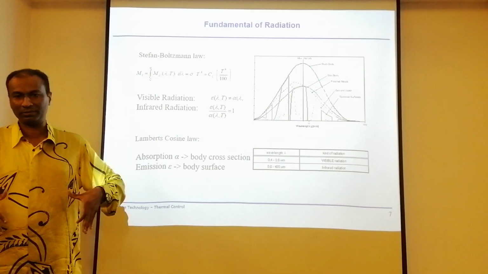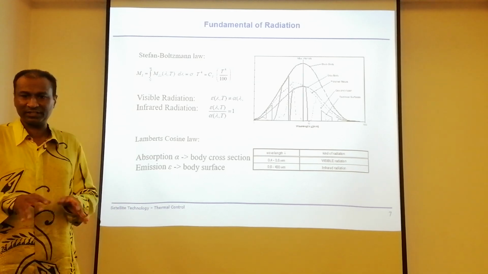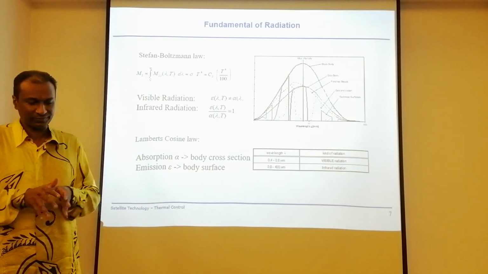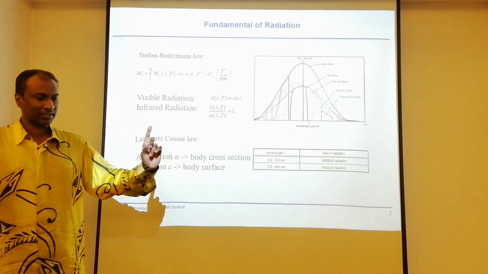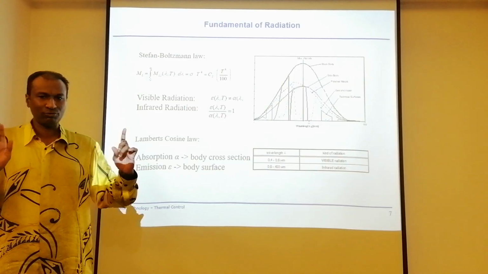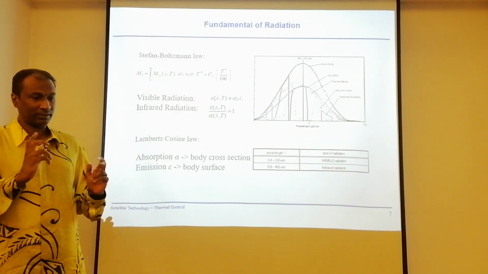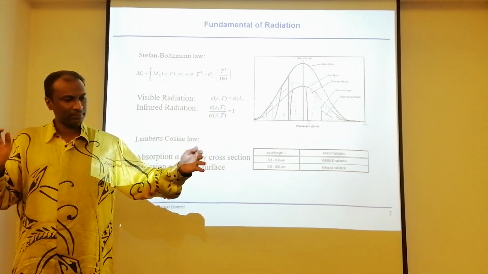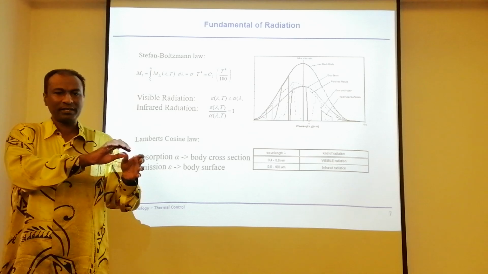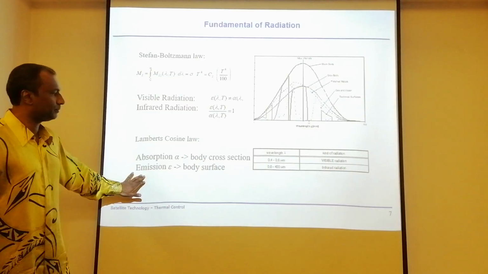For emission, always look at the surface of any emitting body. That is the reason in conduction you neglect the surface, but you look at the actual cross section with respect to the length. Because of how conduction happens, the temperature gets absorbed from point A to point B to point C, from one point to another. This has to be really understood.